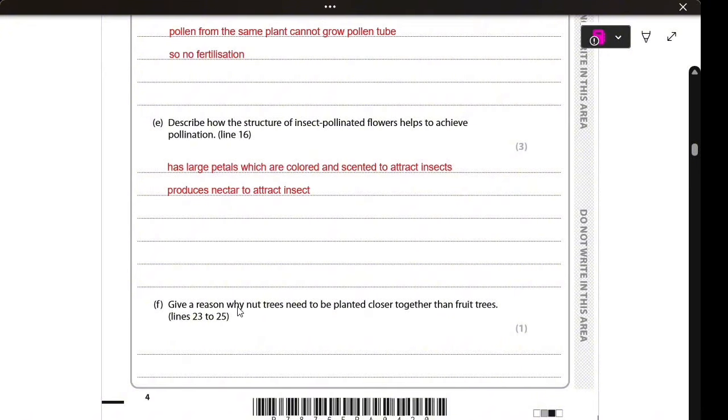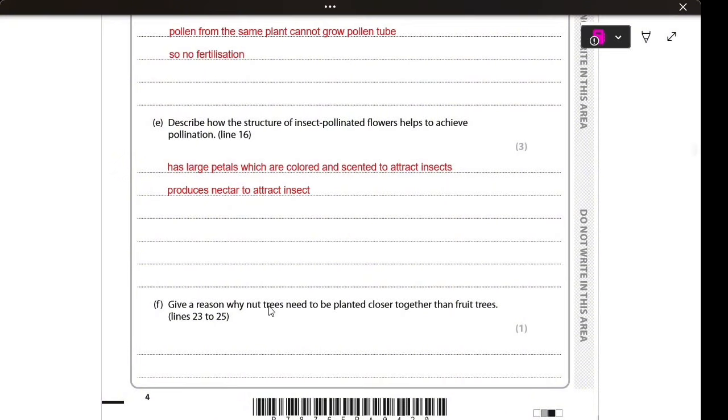Give a reason why nut trees need to be planted closer together than fruit trees. So we read in the passage, line 23 to 25, that nut trees are pollinated by wind. So they're wind pollinated flowers.